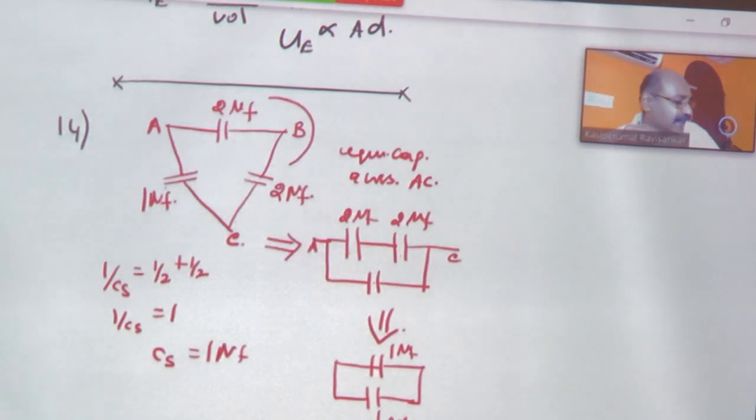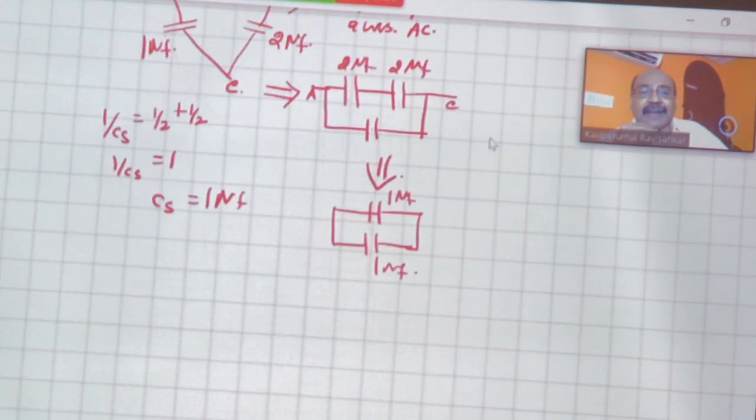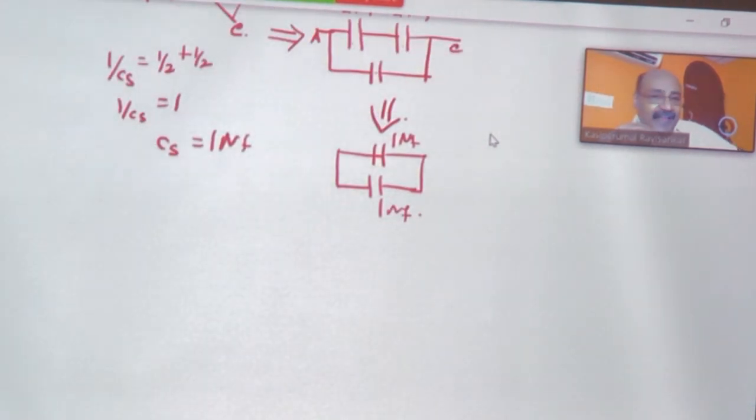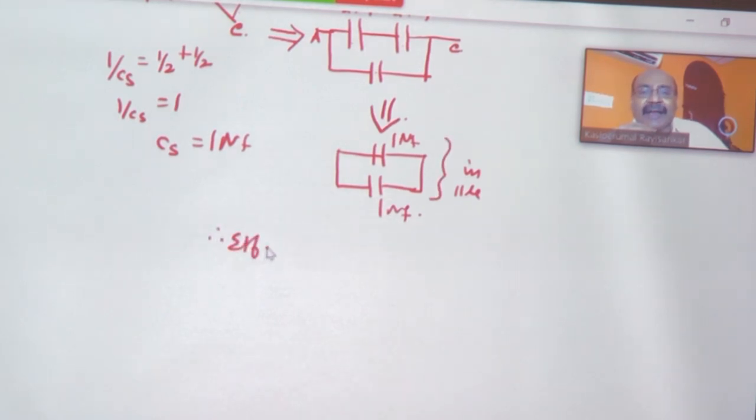Then what is the equivalent capacitance? We can say these two capacitances are in parallel. Therefore I can write the effective capacitance is equal to the parallel combination of these two capacitors, which is 1 plus 1, which is equal to 2 microfarad.